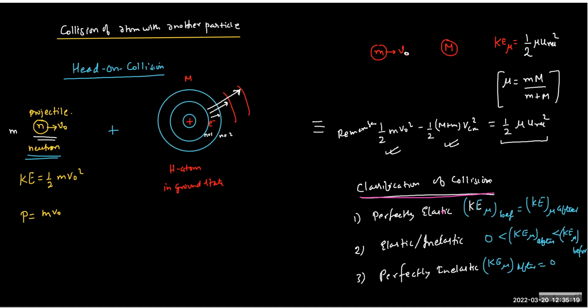Because our electron is in the ground state, that is for sure. Now I'm asking you guys, what will be the basic mathematical condition for the collision to be perfectly elastic? The energy of the neutron is not taken at all, so this is maintained. And the answer is, look at this.